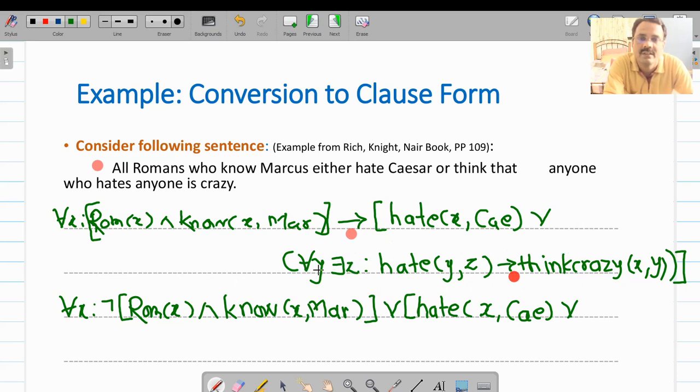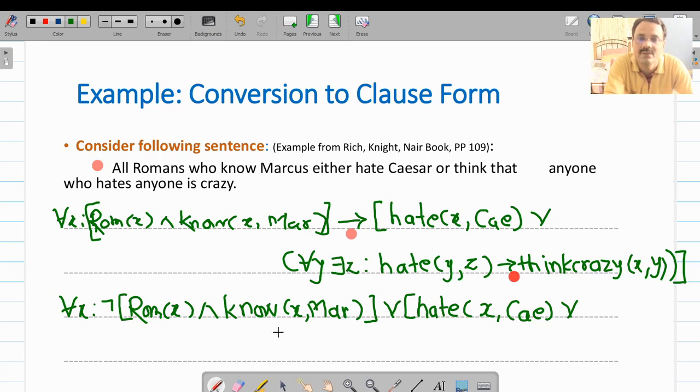But while doing this, this y, its scope is throughout this, so keep it outside, and this there exists z is associated with hate. So not you will be applying before this there exists z.